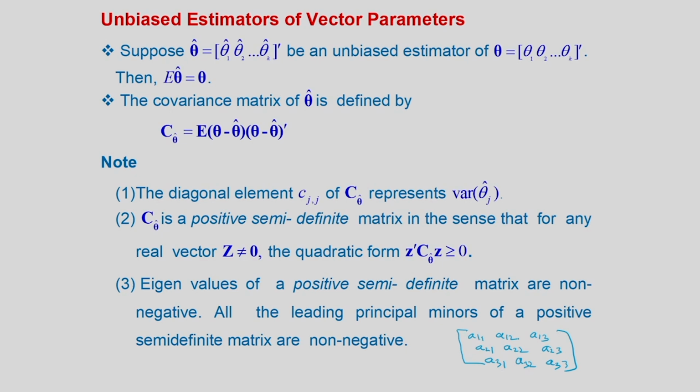The second minor will be the determinant of this block, and this should also be greater than or equal to 0, and the third leading principal minor is the entire determinant, which should also be greater than or equal to 0. So, this is the test for positive semi-definiteness.